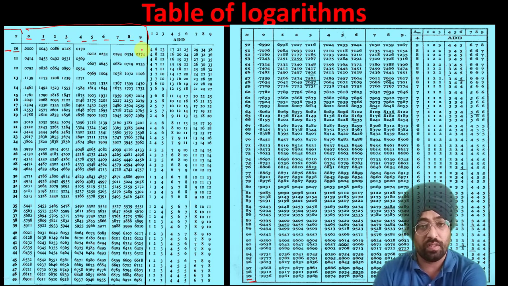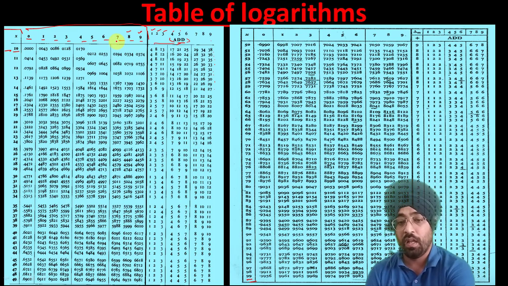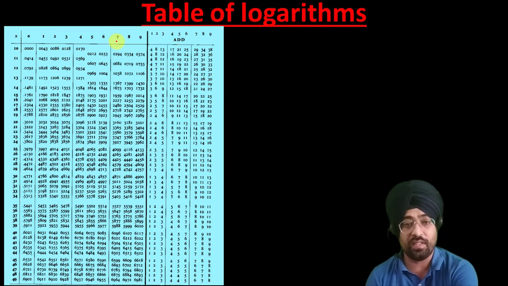So these columns have values corresponding to 9, 8, etc. And this is our third part, where we have written add. It also goes from 1 to 9, and we have some value corresponding to these numbers. Now we will see how to use all these values to find the log of any number. Now let us practice.